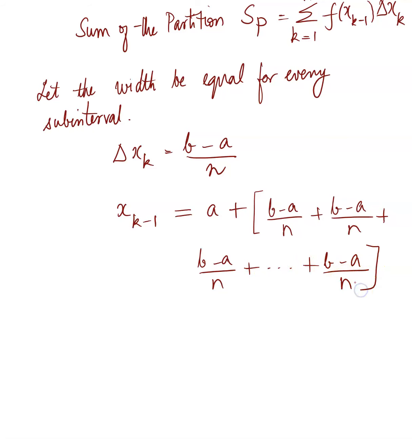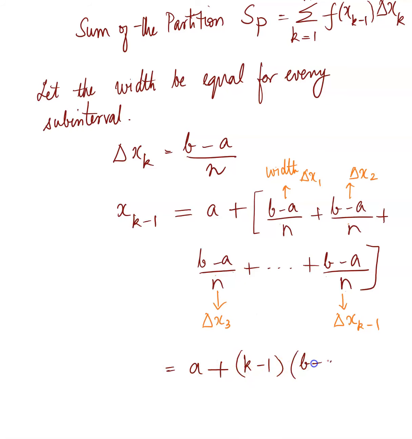So this will be the width delta x1, this is delta x2, this is delta x3, and so on, and we stop not at delta xk but xk minus 1, the previous one. That means each of them are equal width, so you're adding b minus a over n, k minus 1 times, and that's what I meant in the previous step when I did k minus 1 times b minus a over n. This is xk minus 1.